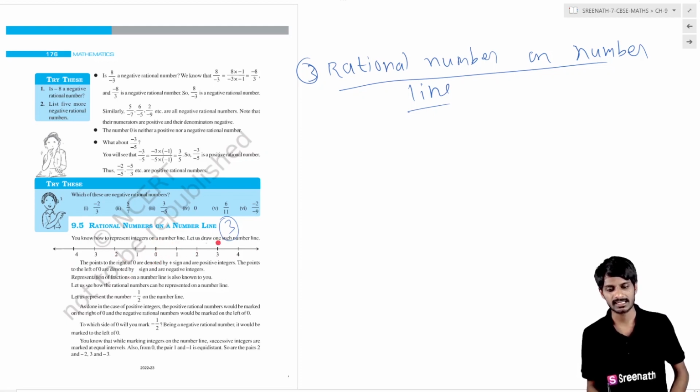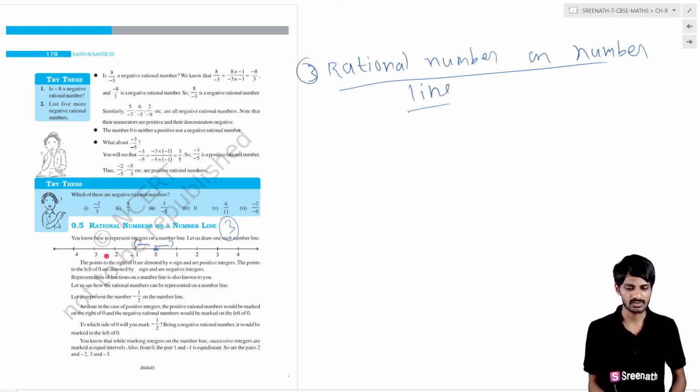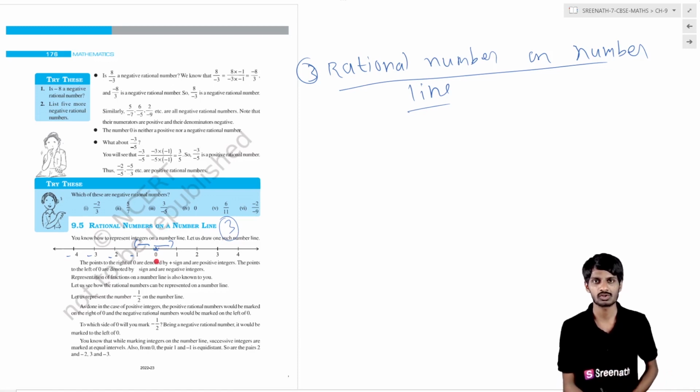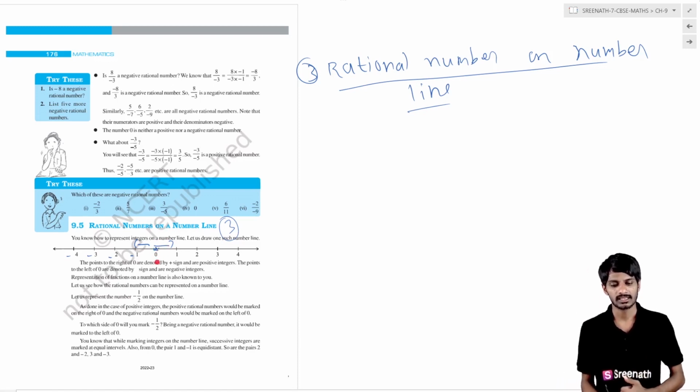Positive integers are on the right side of 0, negative integers on the left side: minus 1, minus 2, minus 3, minus 4, like that. In the same way, positive rational numbers must be on the right side of 0, and negative rational numbers must be on the left side of 0. And if you observe, in the case of integers, the successive integers have equal distance.